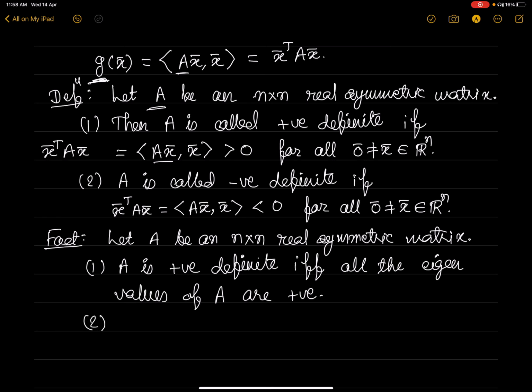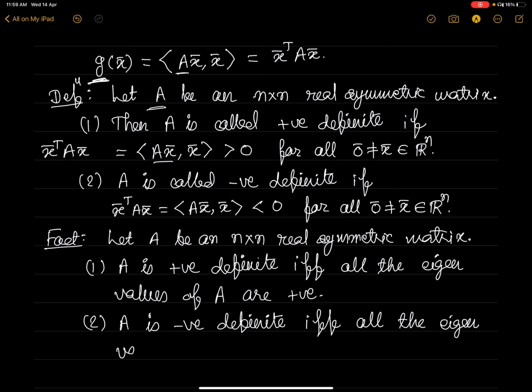And the second one is a similar result: A is negative definite if and only if all the eigenvalues of A are negative.